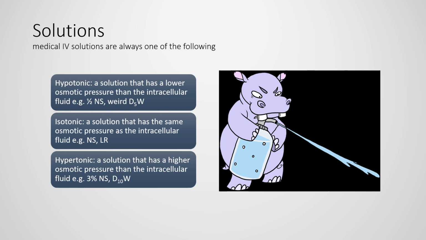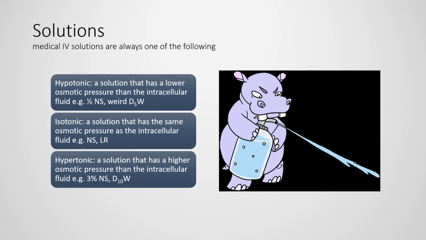So if something has a high tonicity, it means it has a lot of solutes within the solution. So it's, say for example, very salty because it has a lot of NaCl, sodium chloride, in it. If it's hypotonic, it'll have less solutes. And this is all compared to the intracellular compartment of the body.